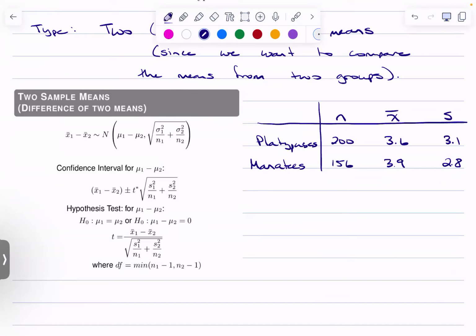A lot of information here, right? I'm going to say that my platypuses, I'm going to treat them as group 1 and my manatees as group 2. The only time I need to use question-specific subscripts is in my null and alternative hypotheses. Otherwise, it's hard to read, right? But otherwise, just 1 and 2 is fine, as long as you have defined them somewhere.